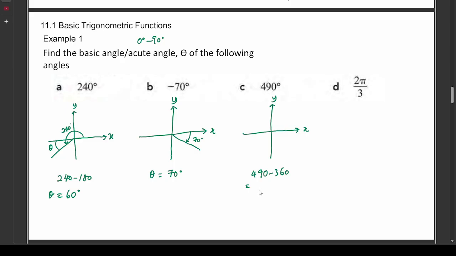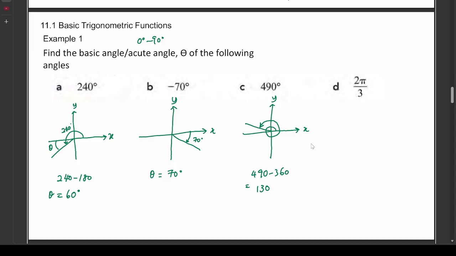That would give me 130. You start from the positive x-axis again. Here is 180, so it should be somewhere here. Basically it makes one circle, and then in the second circle it moves until here.